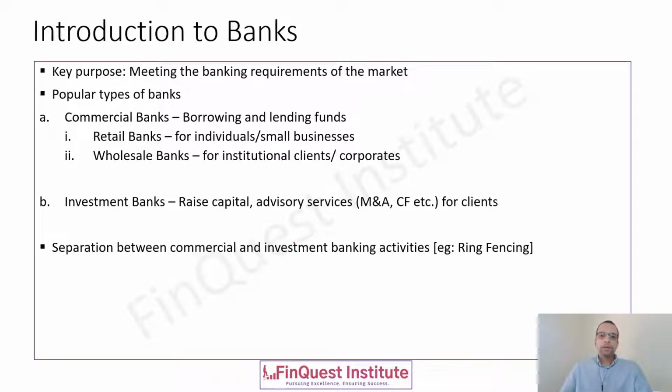Now, post 2008, a distinction was made between the activities of commercial and investment banking. Because up to the build-up to 2008, banks had, to a significant extent, combined commercial and investment banking activities. That is, even the savings which were parked with the bank could be used for various investment banking or trading activities.